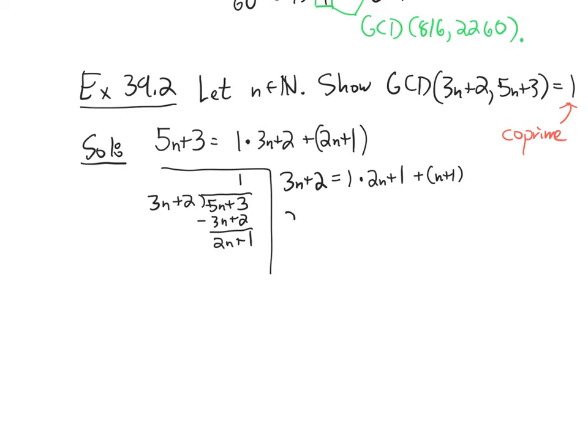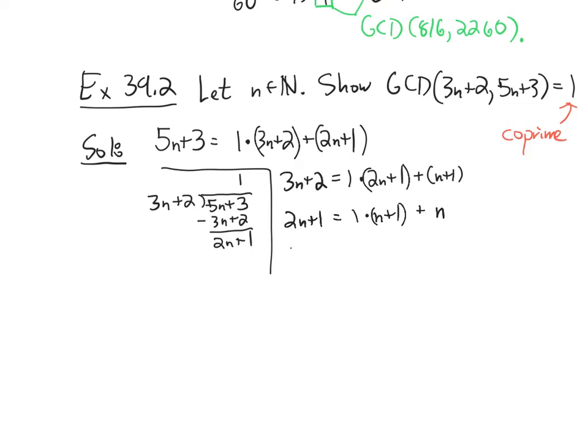So we want to write 2n plus 1 as some multiple of n plus 1. Well, we can only do it once. I need brackets around that as well. And we have a remainder of n.